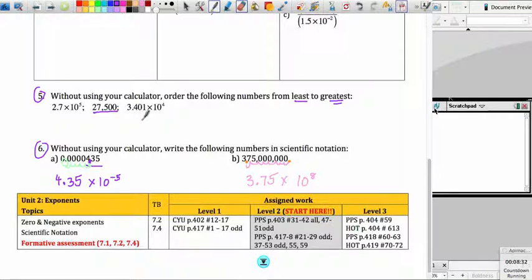I'm going to convert them all to standard form, but of course we could also convert to scientific notation. In this particular case, in order to convert this to standard form, since I'm multiplying by 10 to the power of 4, I'm going to take the number 3401, and I had a decimal point here, and I'm going to move that 1, 2, 3, 4 places to the right, insert a 0, and that number is in fact 34,010.